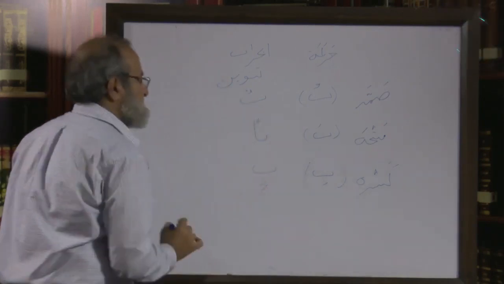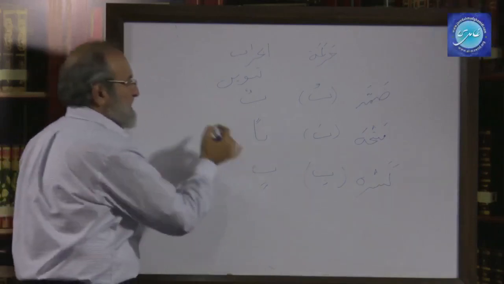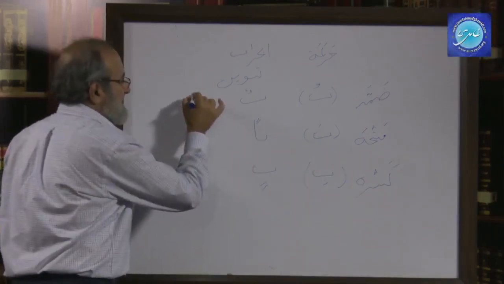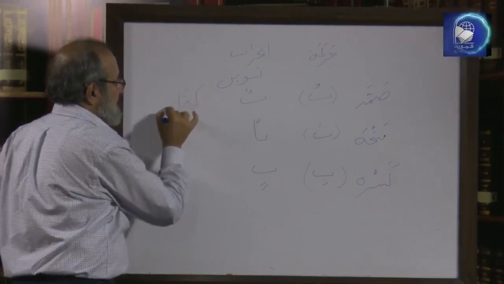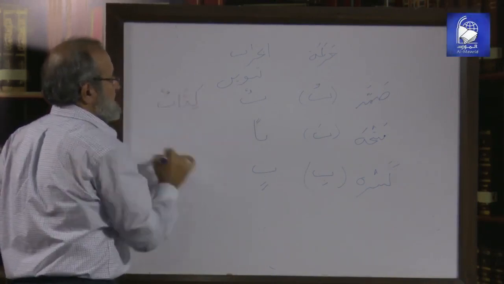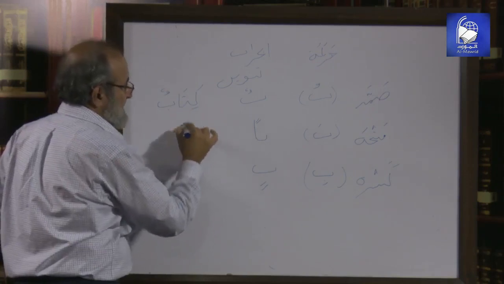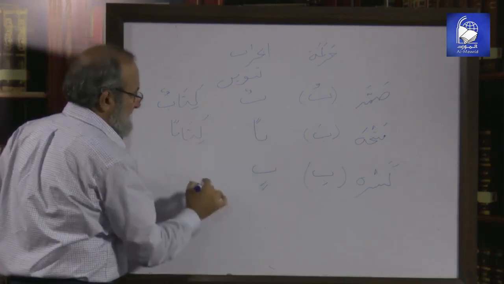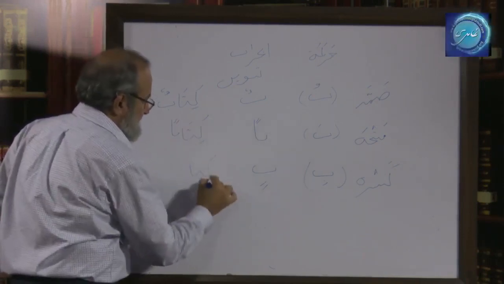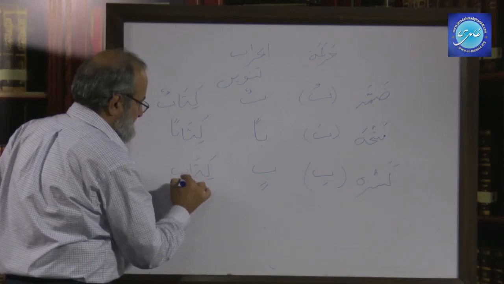So the very last thing that I would say here is that, let me put it in words. Let's say if it is kitab, it would be kitabun, kitaban, and kitabin.